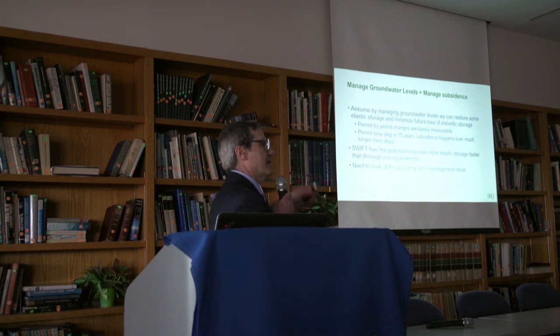So as a take-home, what I wanted you to know is that we assume that by managing to this regulated water level, we're going to at least restore some of that elastic storage and minimize future loss in that inelastic storage.